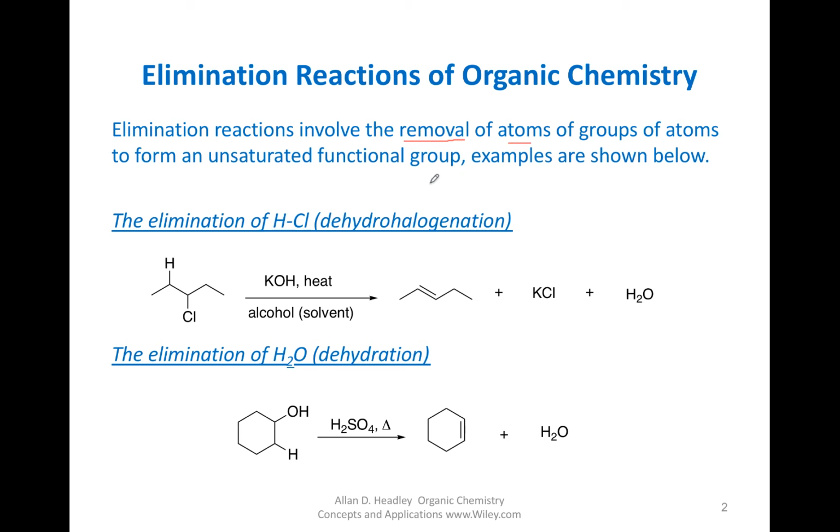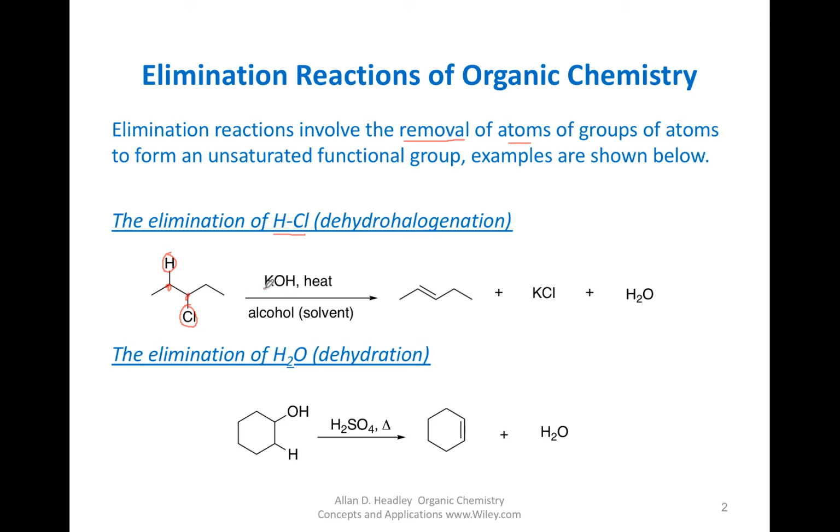And the removal results in an unsaturated molecule, typically an alkene. Here are two examples which we covered earlier. This is the elimination of HCl, H and Cl. Notice it's across adjacent atoms, 1 and 2 atoms.